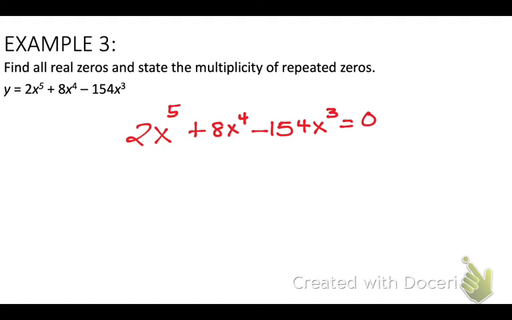My smallest degree x is x to the 3rd, so I'm going to factor out a 2x to the 3rd, which leaves me with x squared plus 4x minus 77. 2 goes into 154, 77. It's equal to 0.